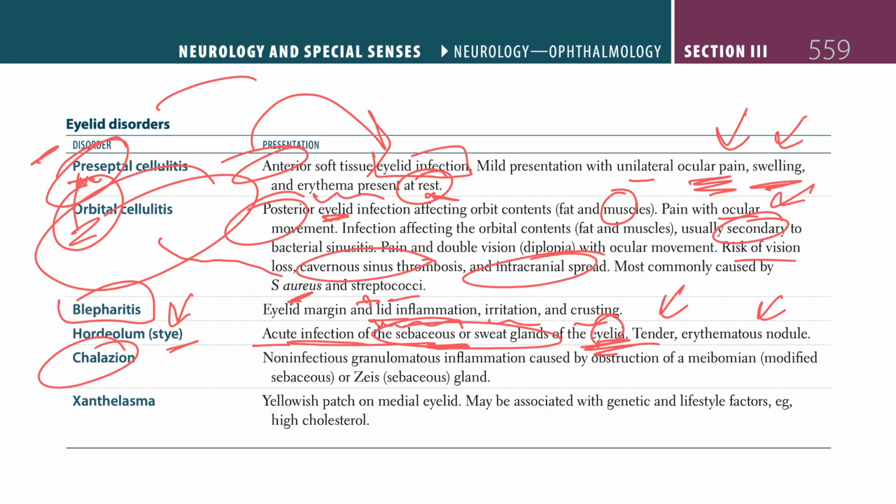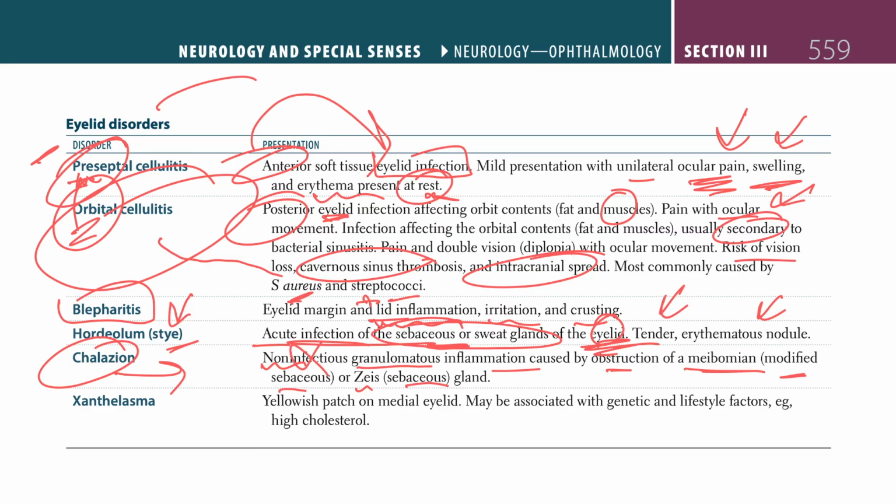Then you have the chalazion. Chalazion is a non-infectious granulomatous inflammation caused by obstruction of the meibomian glands, which are modified sebaceous glands, or Zeis glands, which are sebaceous glands. So first of all, chalazion is non-infectious.